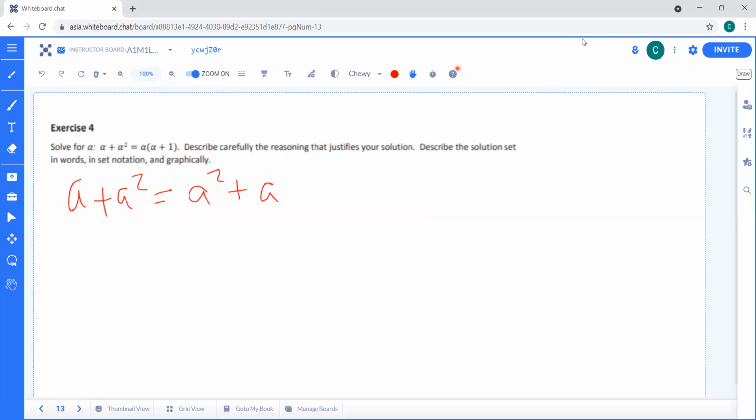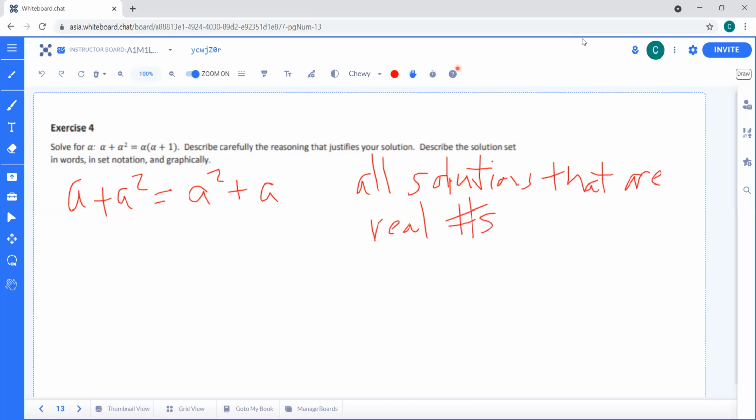Let's just keep it simple and say all solutions that are real numbers.